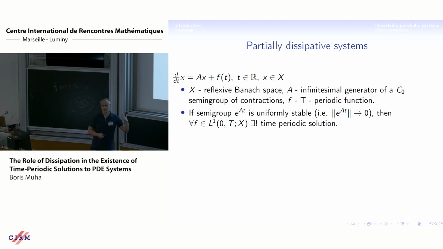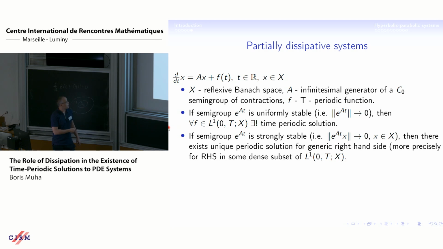And here they connect it nicely with stability properties of the operator A. So if a semigroup is uniformly stable, i.e. we have exponential decay of solutions, then for every right-hand side in this space, there exists a unique time periodic solution. And second result: if the semigroup is only strongly stable, so the solution decays, but there is no rate of decay, then there is a unique periodic solution for a generic right-hand side.